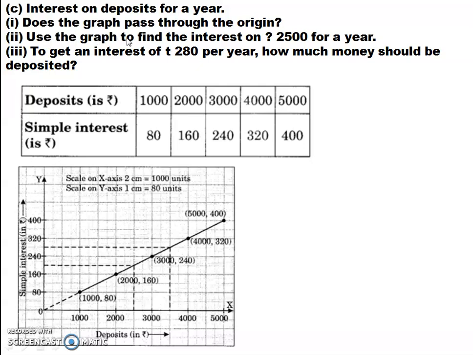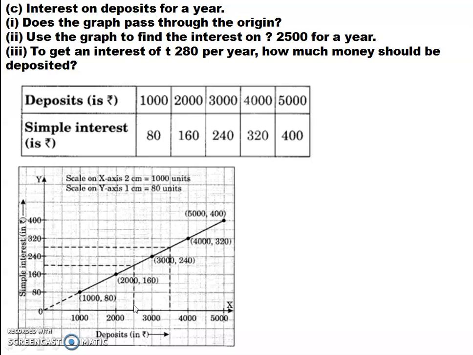Now use the graph to find the interest on rupees 2500 for a year. Is that in your table? No. So you should know where is 2500. In your graph, you can see 2000 and 3000. So between that you will have 2500. So this is your point 2500.